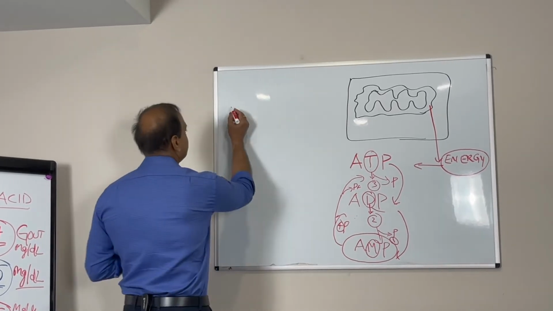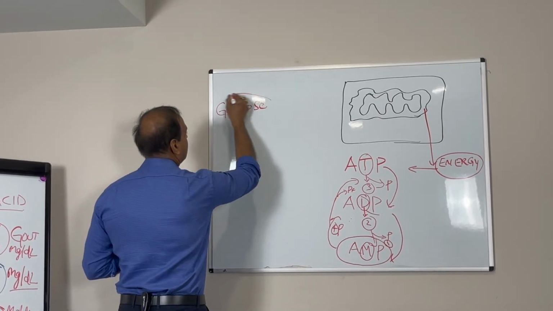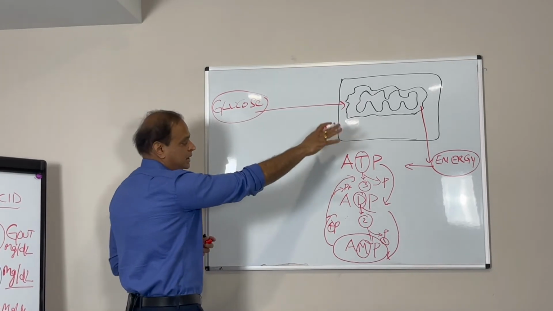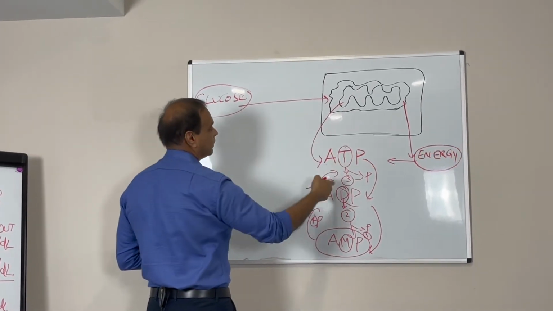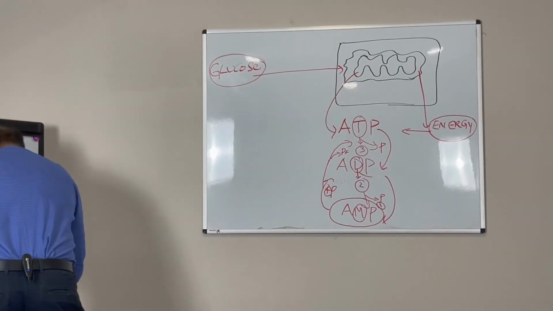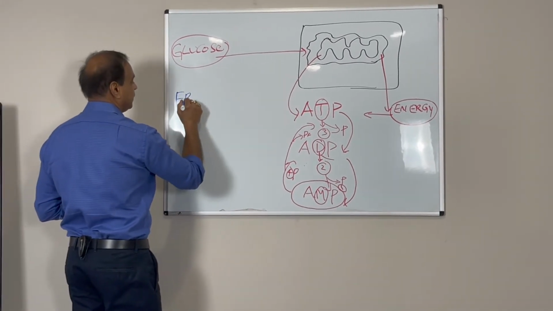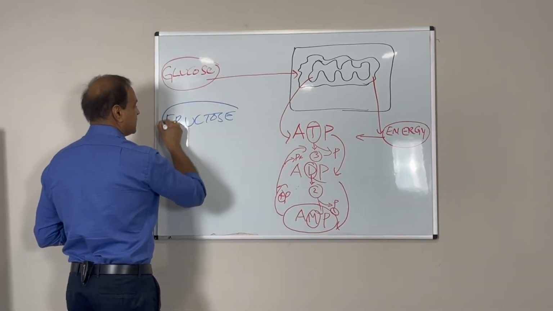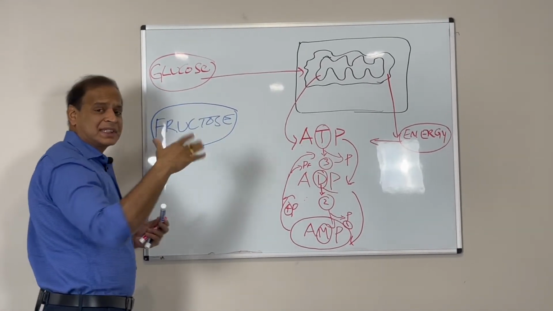Let's see. Let's say glucose comes and goes into the cell and goes through a chain of reactions, and all the reactions again make ATP. So that's how glucose normally does. However, fructose, I'm going to put fructose in a different color so you know. Fructose is a different kind of sugar that is not coming from glucose, which is like starch.